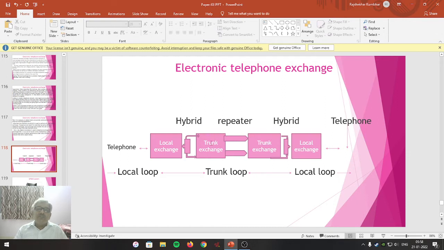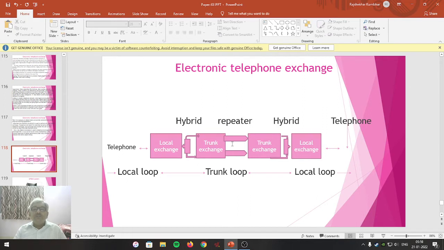Within the path of voice call communication from one trunk exchange to another trunk exchange, repeaters are being used. These repeaters are necessary to amplify the signal so as to maintain its strength till it reaches the required subscriber.